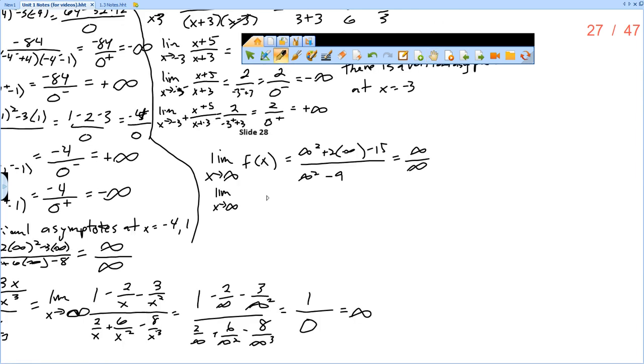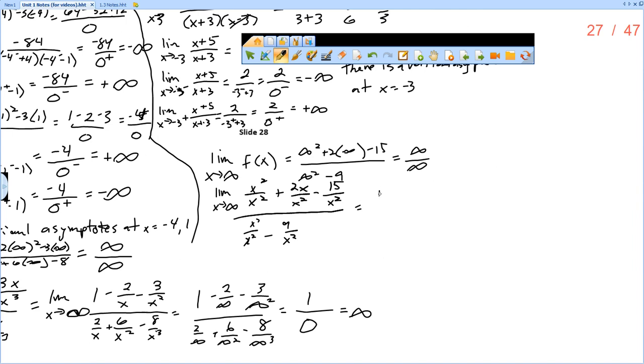And so we do that, and we get x squared over x squared plus 2x over x squared minus 15 over x squared divided by x squared over x squared minus 9 over x squared.